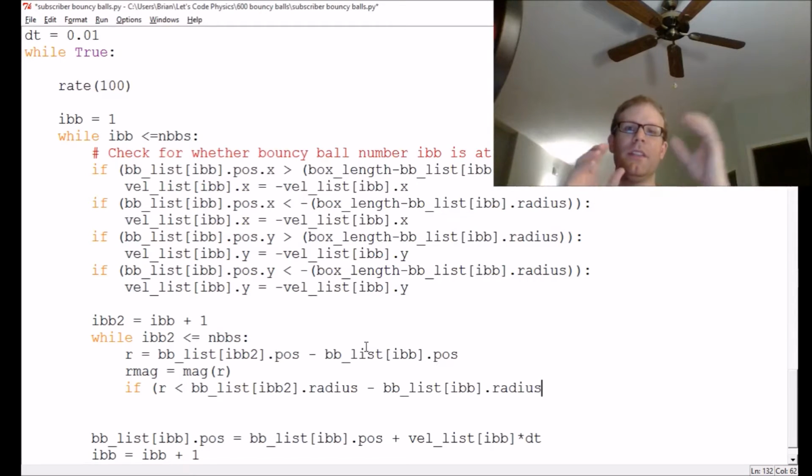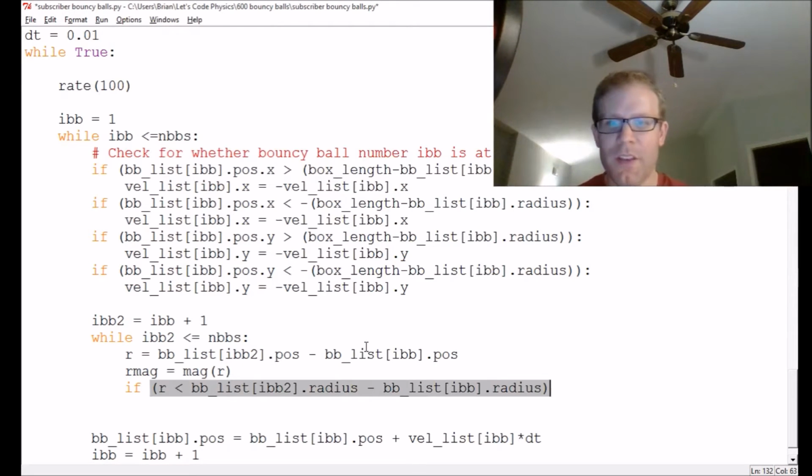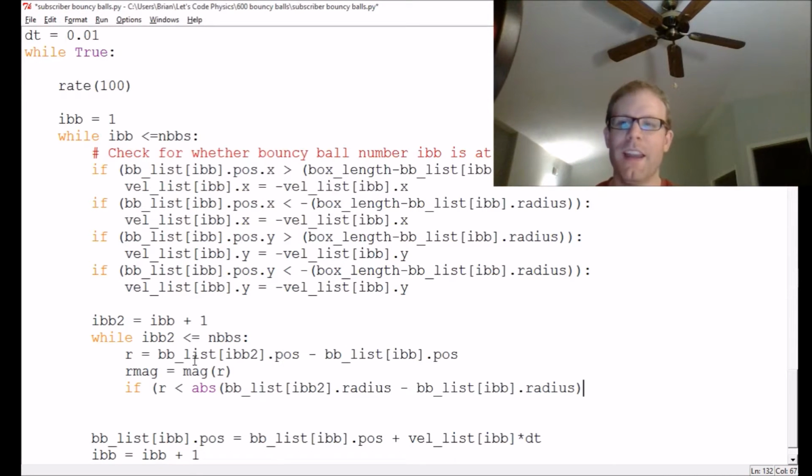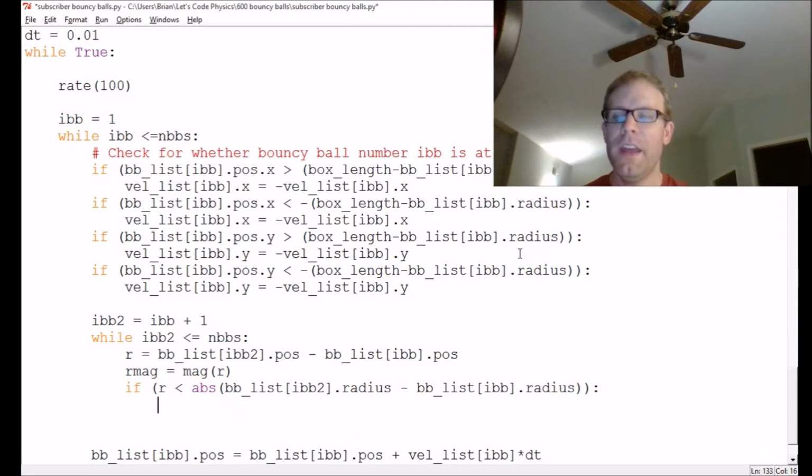So we're now checking the difference between the two radii. Now this is of course a problem because if one of them is bigger than the other one or vice versa, I could get a positive or a negative. So the answer is almost always to put this difference in an absolute value. So we're going to say if r, because r is definitely positive because it's taking the magnitude, is less than the absolute value of this distance, then we want it to run the collision.